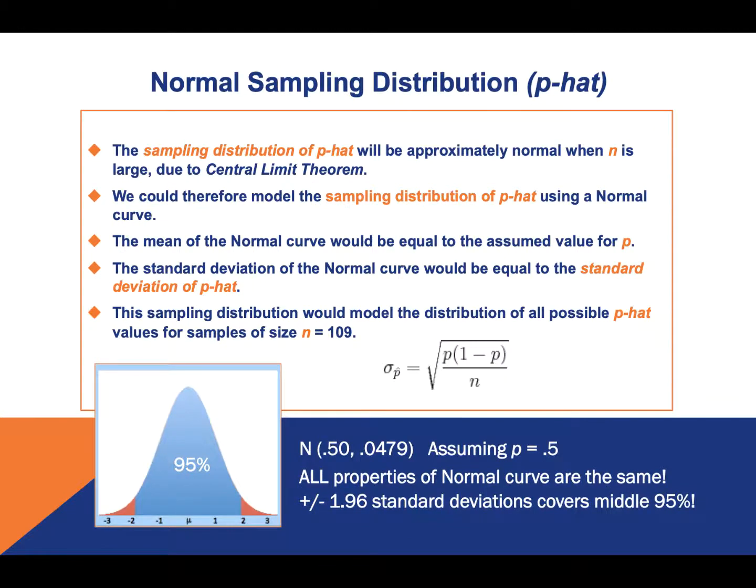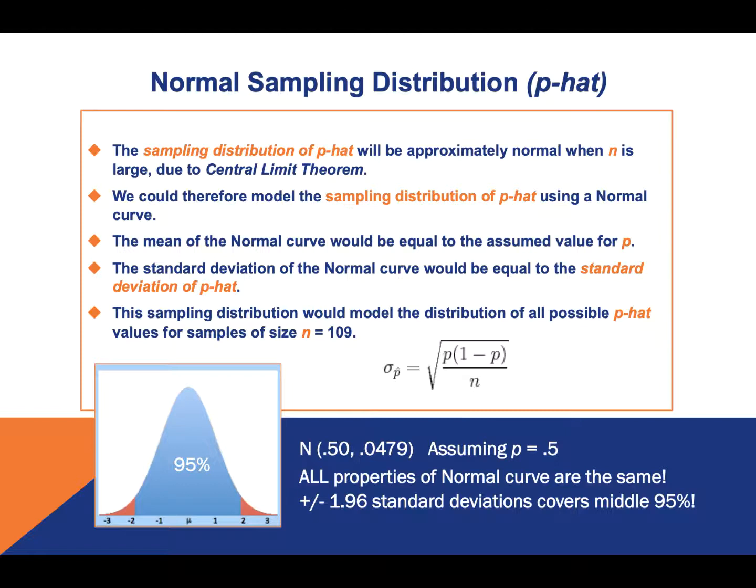Let's begin with the normal sampling distribution of p-hat. The sampling distribution of p-hat will be approximately normal when n is large due to the central limit theorem. We could therefore model the sampling distribution of p-hat using a normal curve. The mean of our normal curve would be an assumed value for p, the true population proportion.